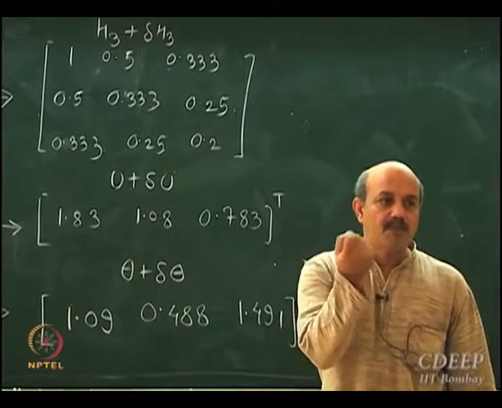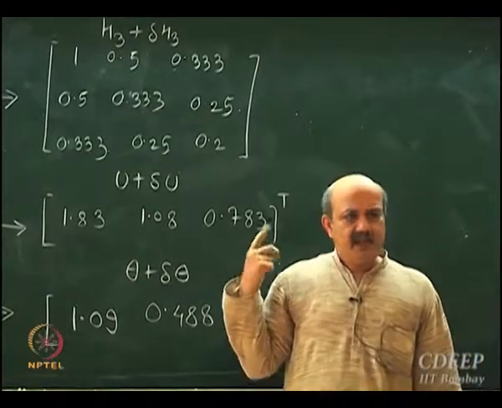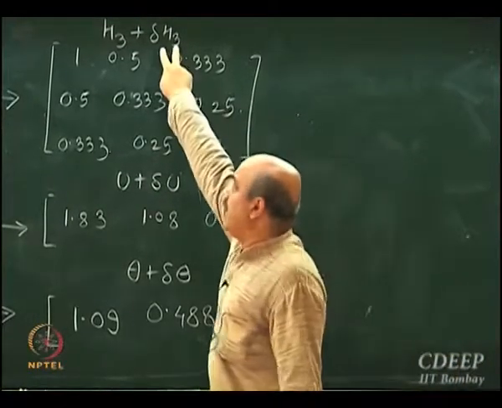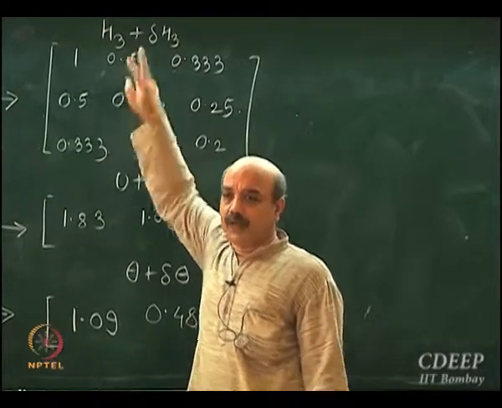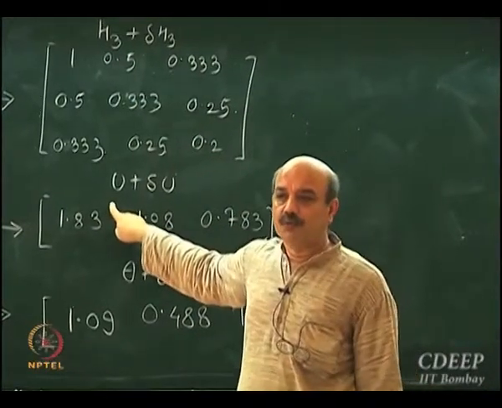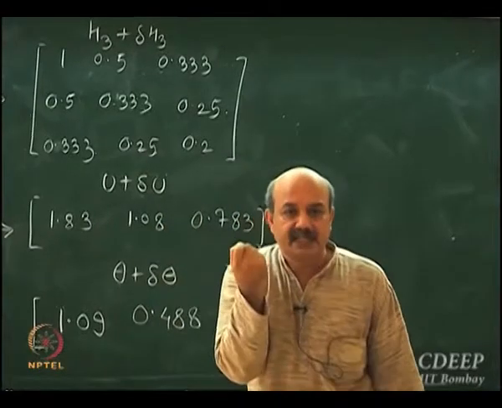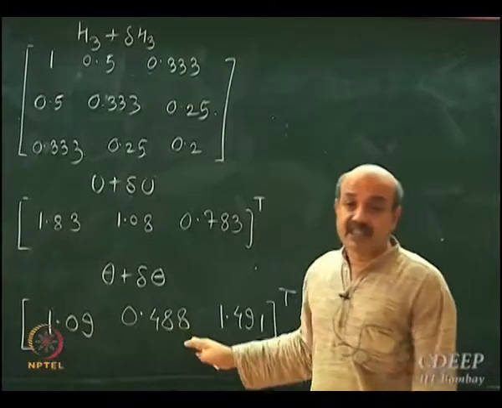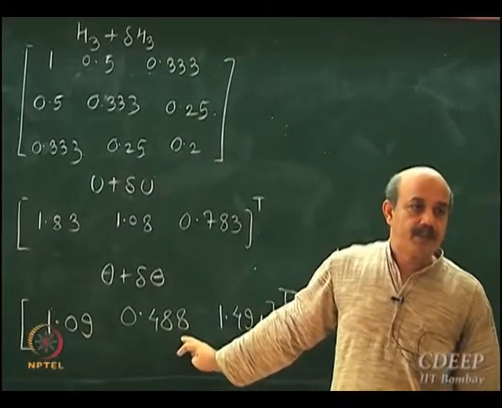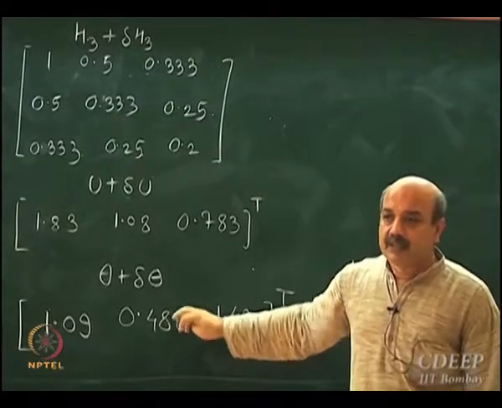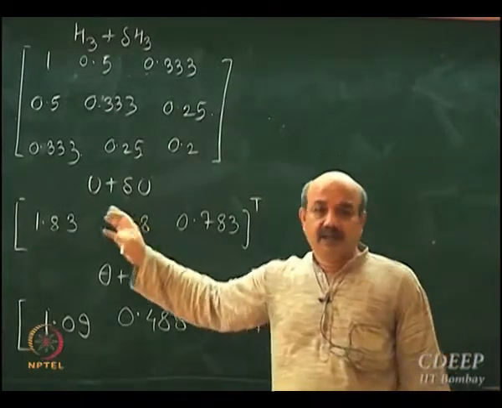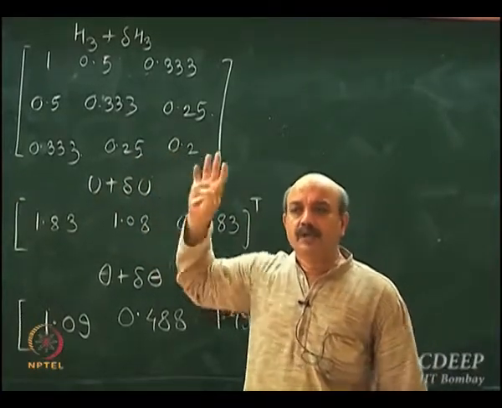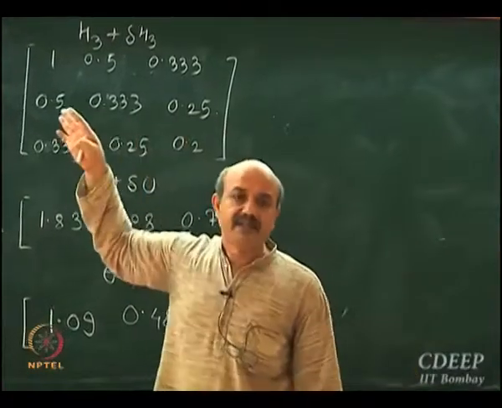I can find this error using norms: norm of delta H3 by norm of H3, or norm of delta U divided by norm of U. But the solution changes by almost 50%. Whatever you try to do, maximal pivoting or reordering of the calculations, you will get into trouble. That is because this matrix is ill conditioned.